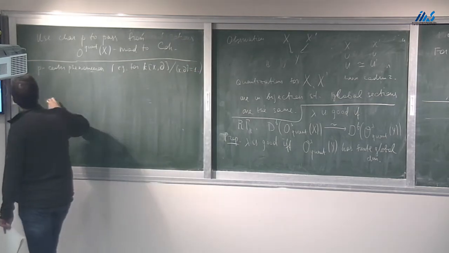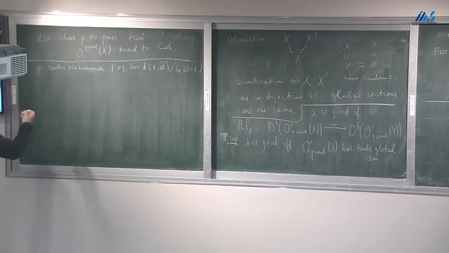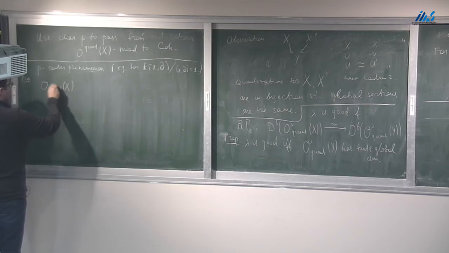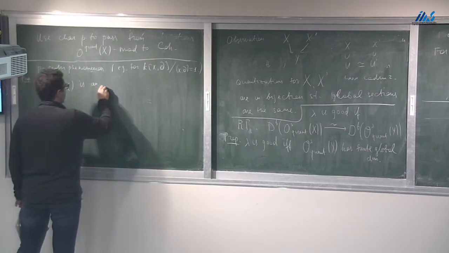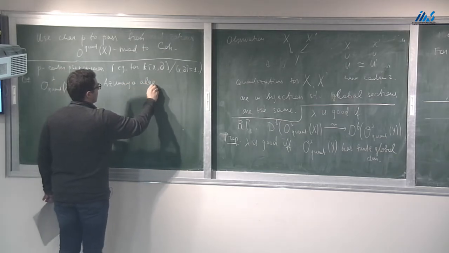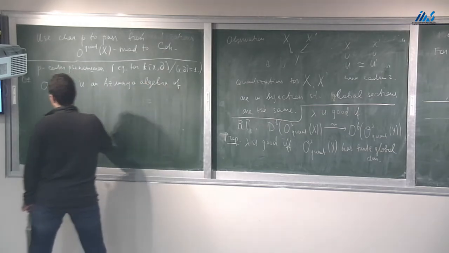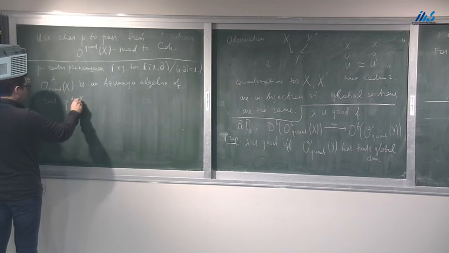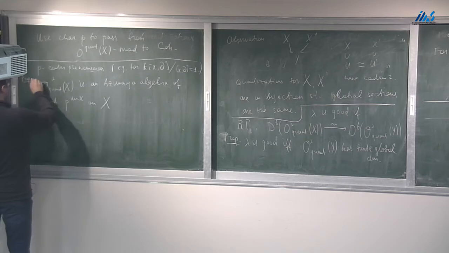And so the point is that this O quantum of X is an Azumaya algebra of rank P to the dimension of X. Of course, here I am now in characteristic P.